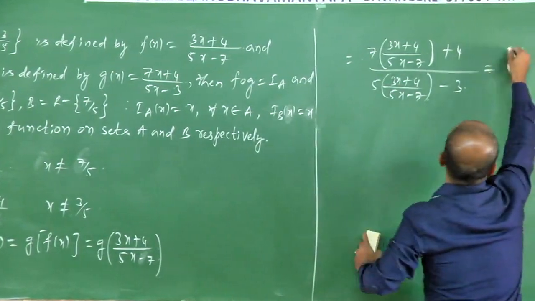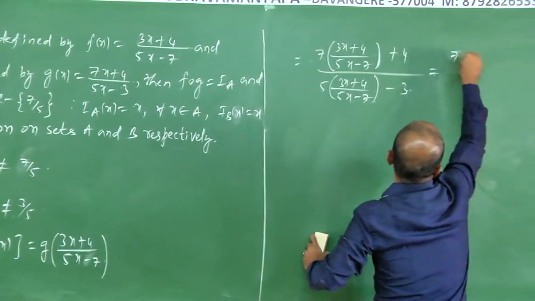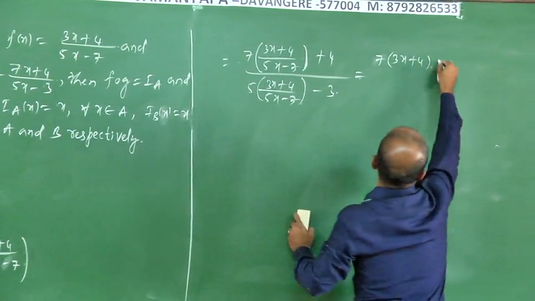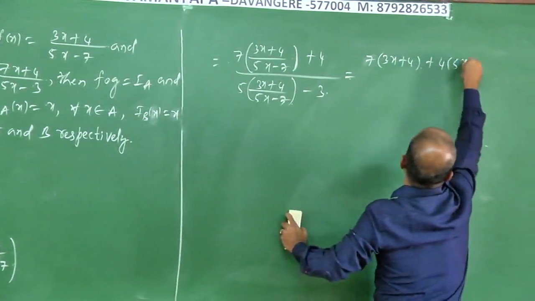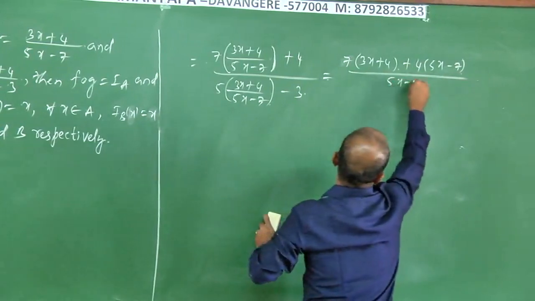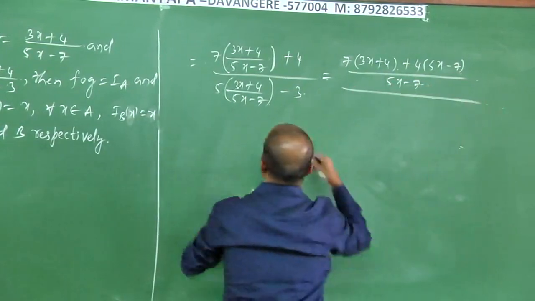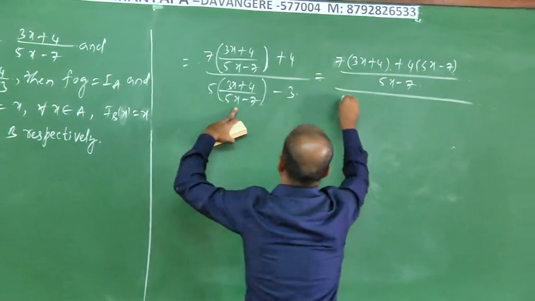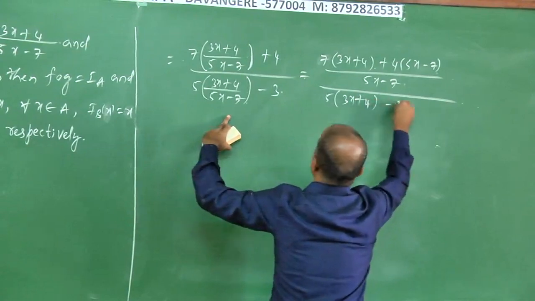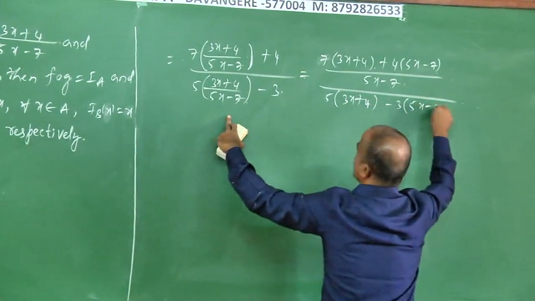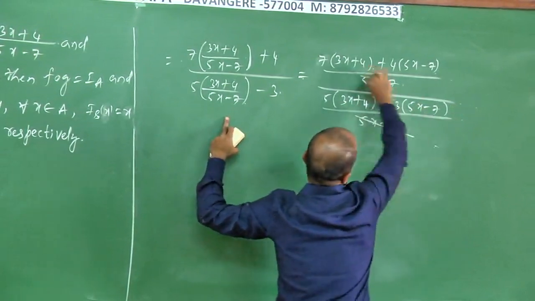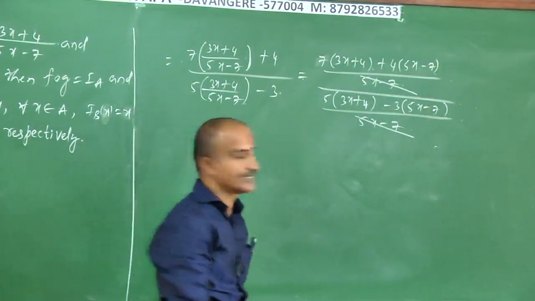Simplify. 7 times (3x plus 4) plus 4 times (5x minus 7), upon 5x minus 7, all divided by, in the denominator also take the LCM and simplify: 5 times (3x plus 4) minus 3 times (5x minus 7), all divided by 5x minus 7. That 5x minus 7 gets cancelled.